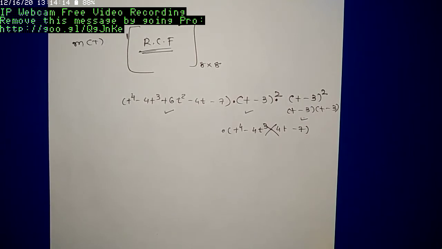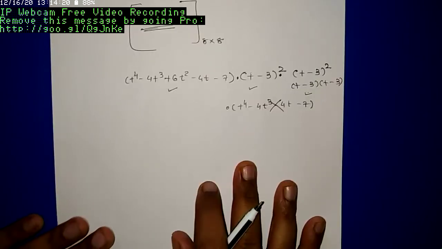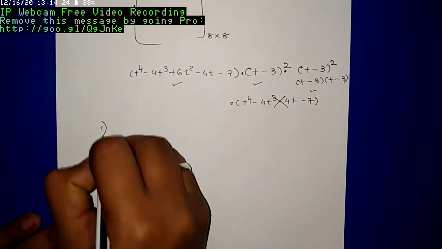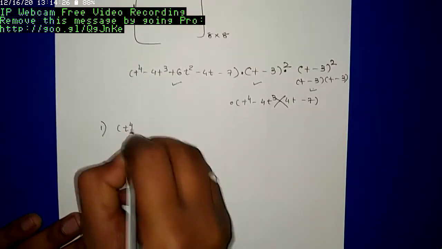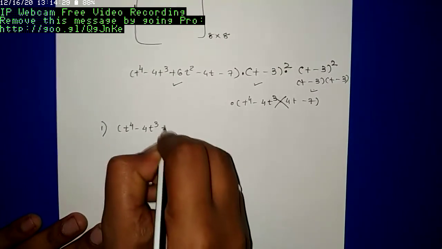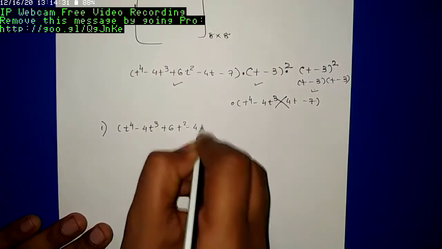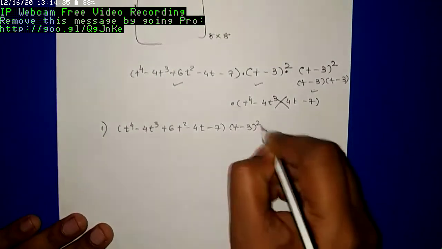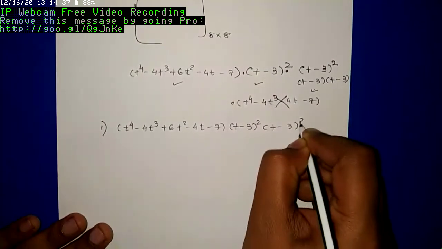Okay, for this example I give you the answer. These are the only possibilities. So here are two possibilities of RCF. First possibility: t raised to 4 minus 4t cube plus 6t square minus 4t minus 7, into t minus 3 square, into t minus 3 square.